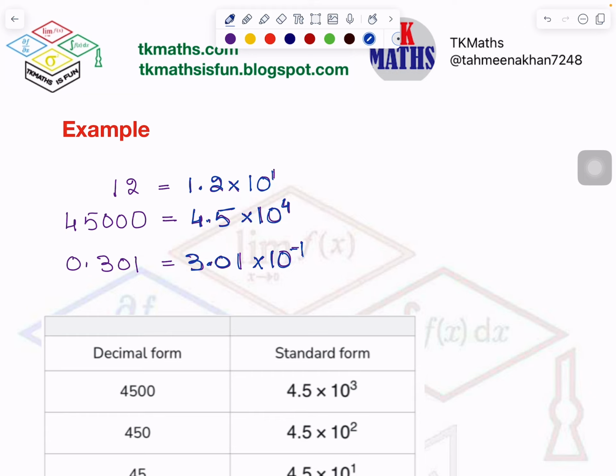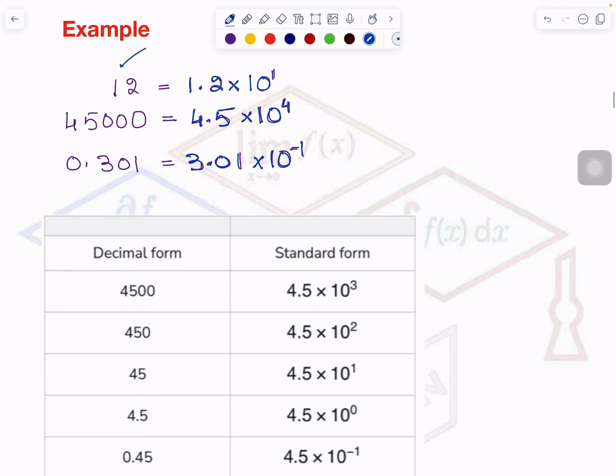I've taken here a few examples. Number 1 is 12, which is 1.2 into 10 power 1. Then 45,000 is 4.5 into 10 power 4. How we are getting it, I will explain in the next video. Right now, I want you to tell me, what do you notice here? What is the very important thing about the decimal in standard form?